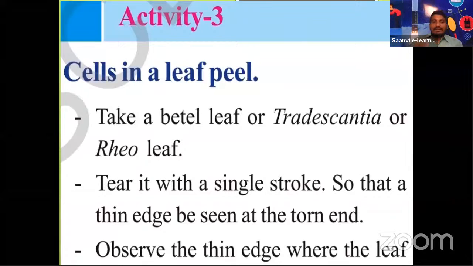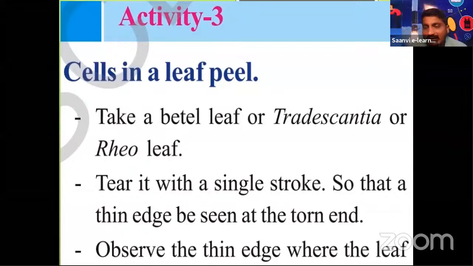Okay, children? Tear that particular leaf with a single stroke, because by that a thin edge can be seen at the torn end.